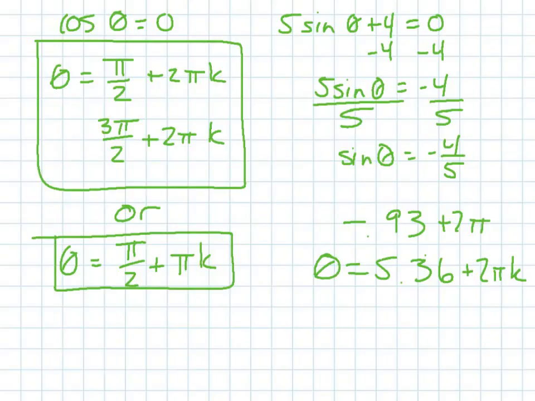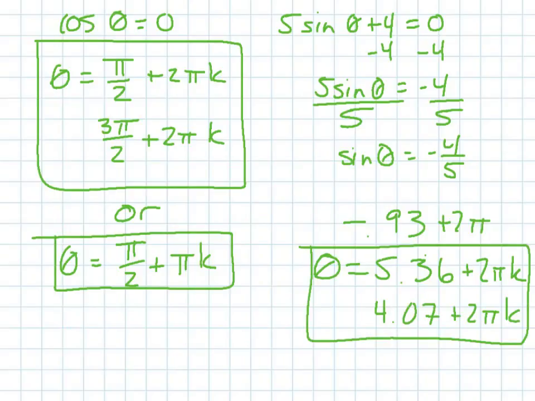Now if I add pi, because I want to get to the third quadrant, that gets me 4.068, which is the same thing as 4.07, and that would be my third quadrant answer for the same thing. Okay?